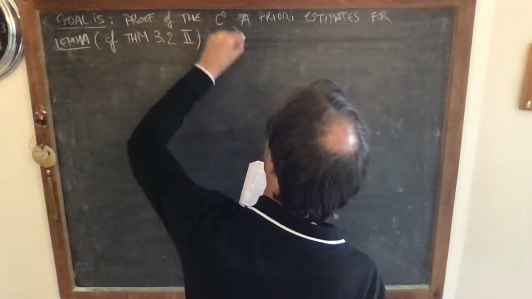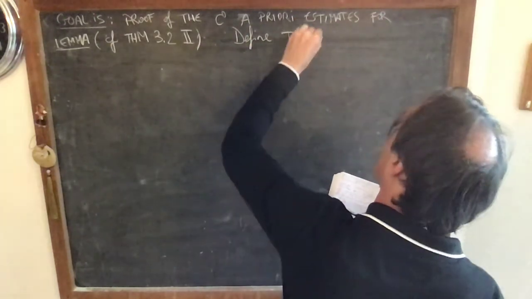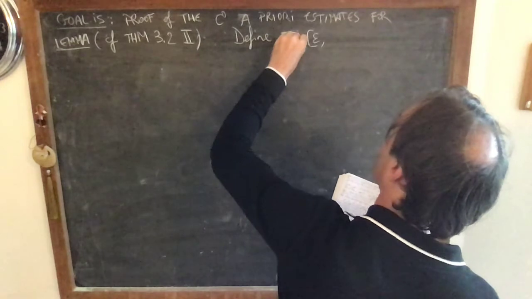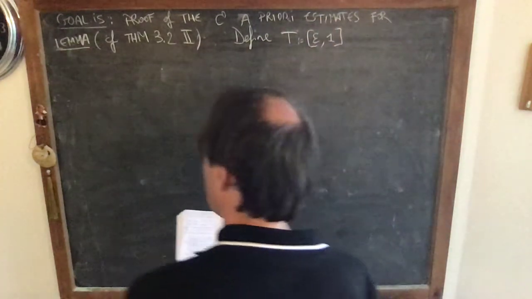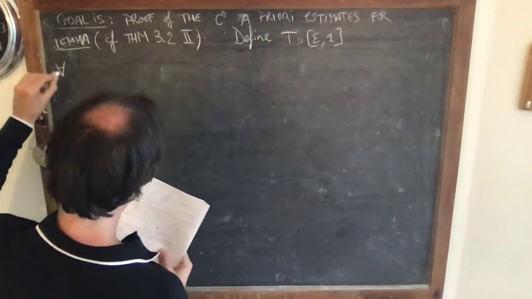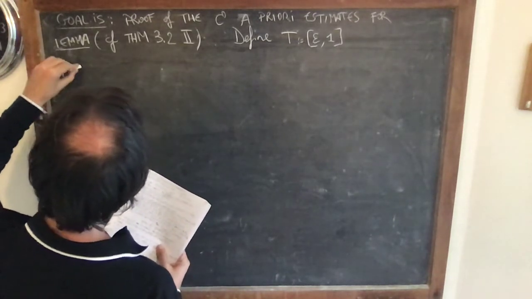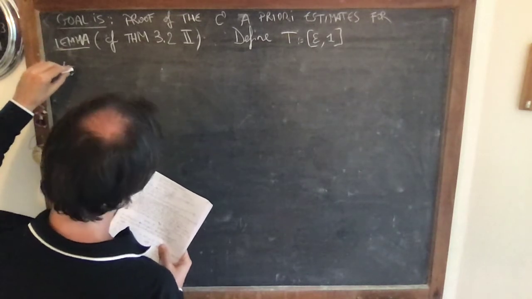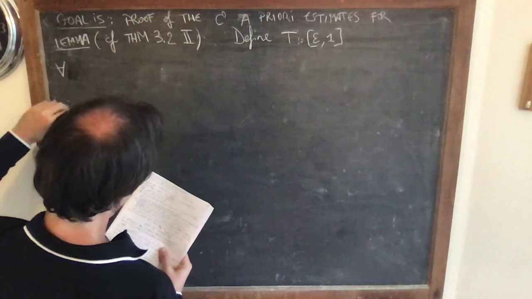Define T as the interval, capital T is the interval epsilon 1, which is quicker to write down.